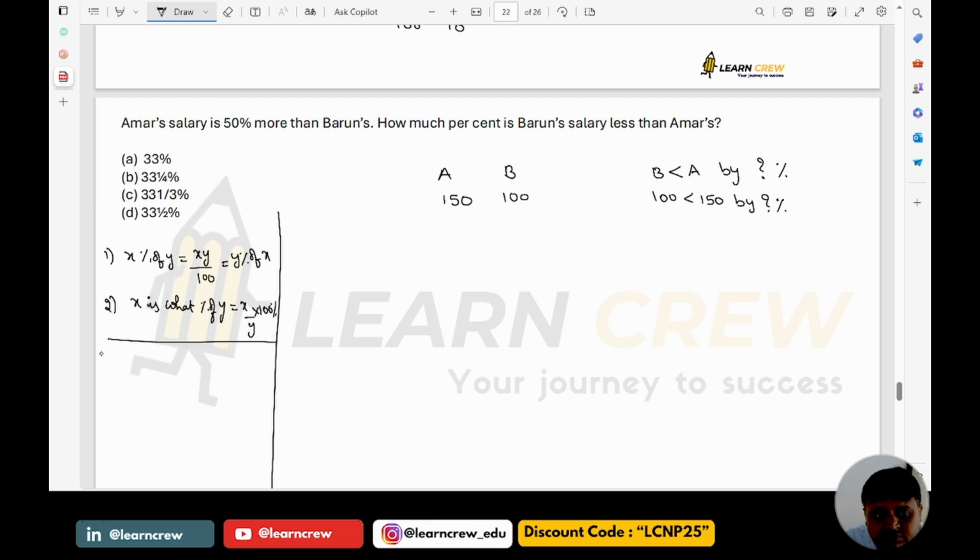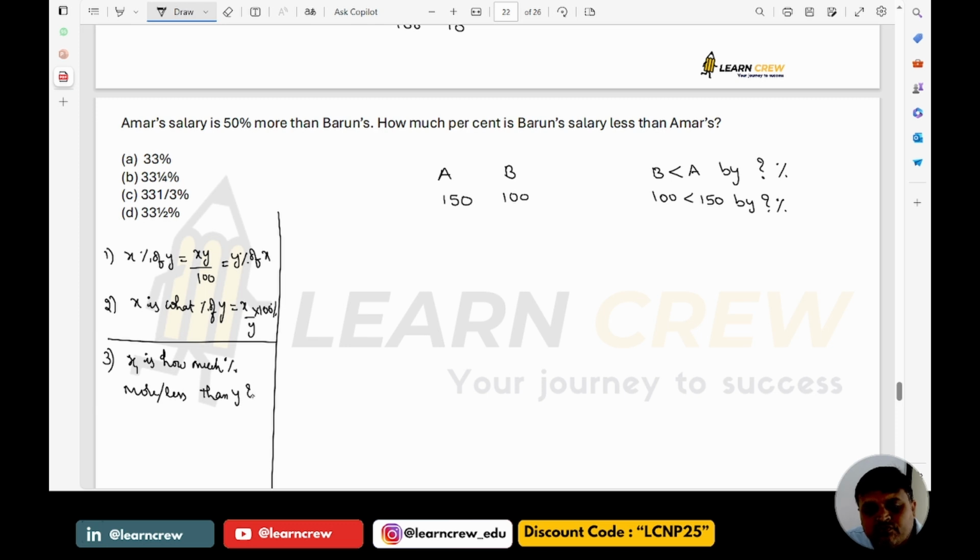And now the third and very important thing, one value is how much percent more or how much percent less than the other value. The shortcut would be, I am writing it also. X is how much percent more or less than y.